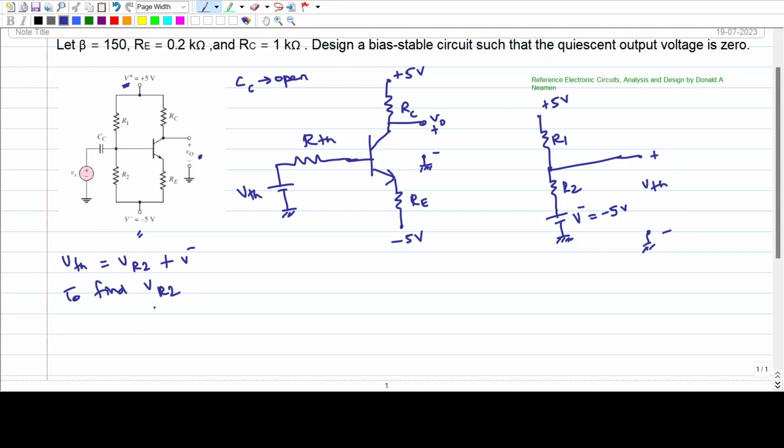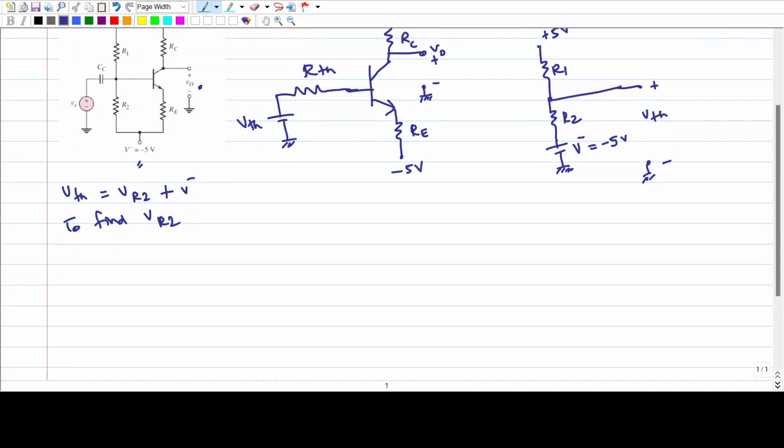For that I am redrawing the same circuit. You can see there is a plus 5 volt here. The plus 5 volt is connected to R1 and then to R2, and after that it is V minus, and this is grounded.